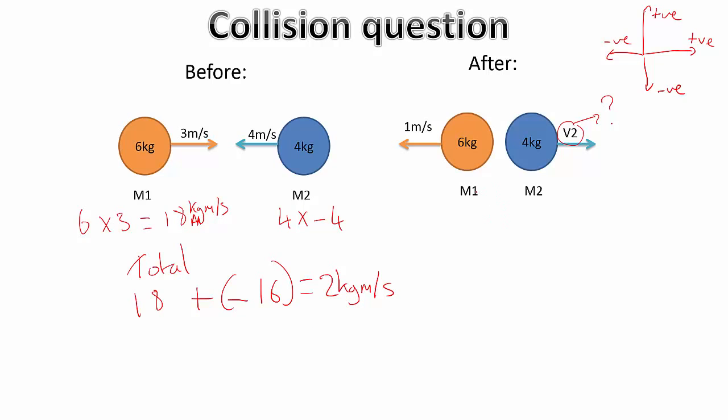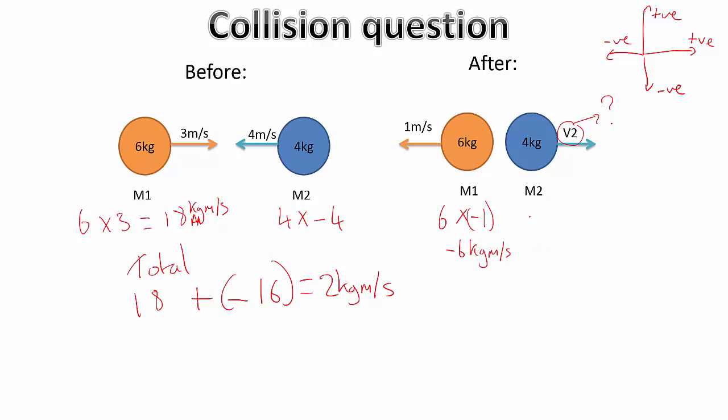Now what's the momentum afterwards? We have a sphere of 6 kilograms travelling at 1 meter per second, but it's to the left. As it's to the left, that is times by minus 1 meter per second. That gives me minus 6 kilogram meters per second.